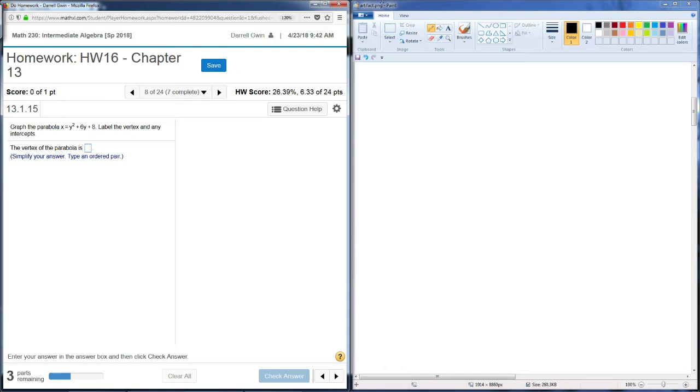Number 8. For x equals y squared and so on, the vertex is y equals negative b over 2a instead of x equals, because the x's used to be over here and now the y's are over here, so that's going to be the y.